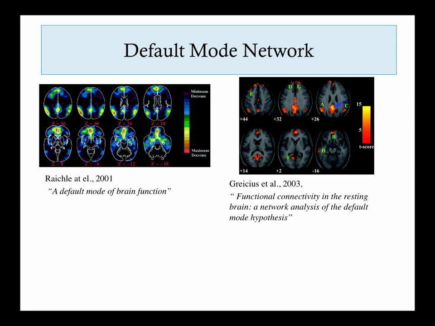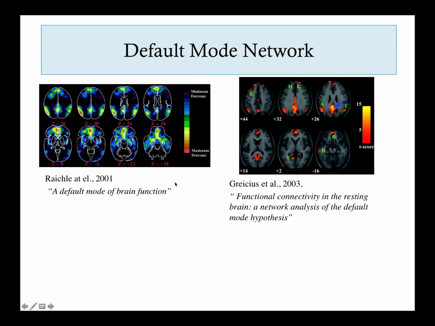I wanted to spend a second just talking about the default mode network a little more because it's important in the historical development of resting state. Some of the main nodes of this network are the PCC, or posterior cingulate cortex, the angular gyrus, and the medial prefrontal cortex.